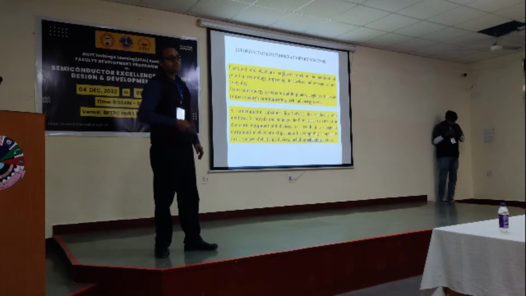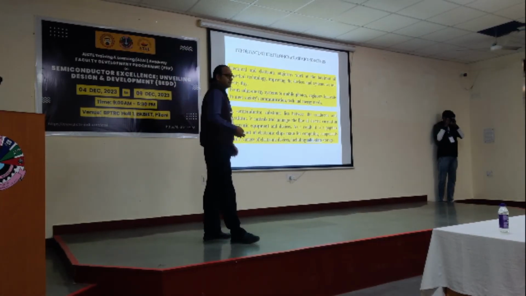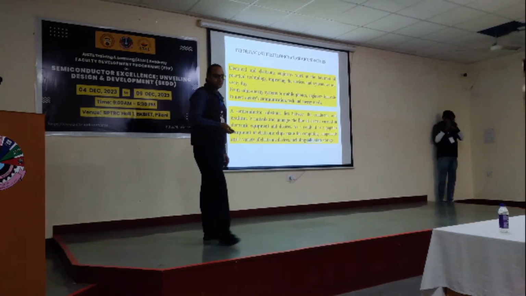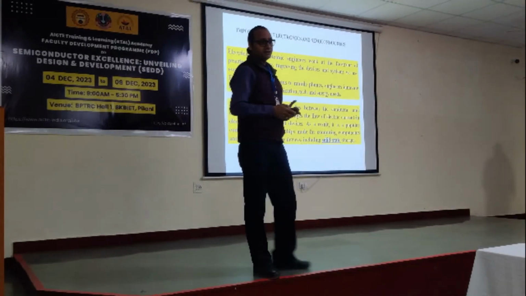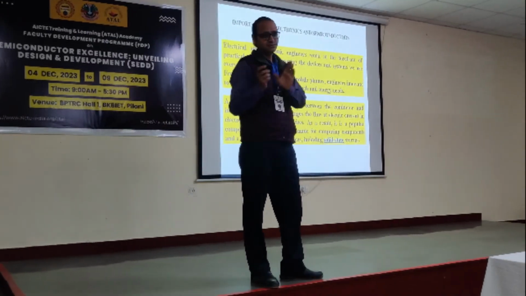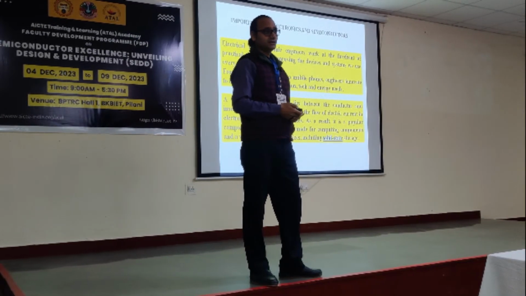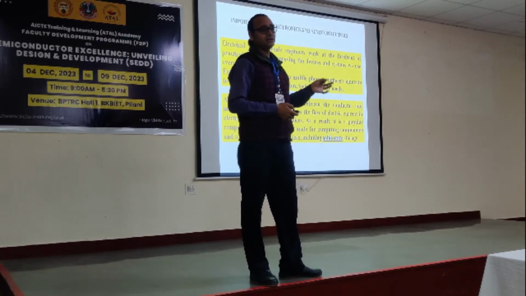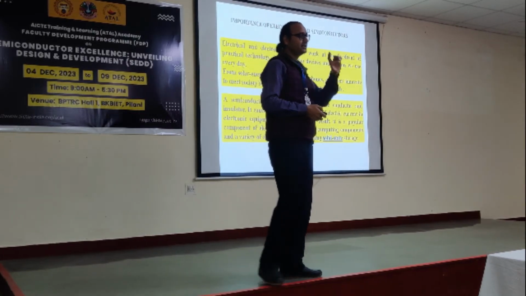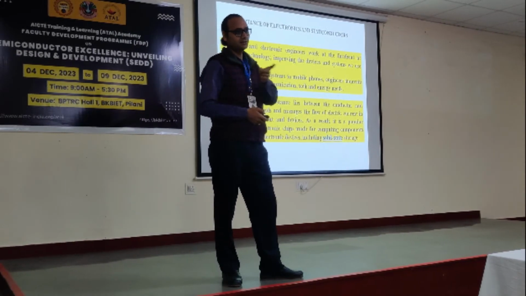Also, one point I would like to add as per the topic, again, semiconductor. We are well aware that we have three classes of materials: insulators, conductors, and the third one is semiconductor. The very important property of a semiconductor is that we can change its conductivity. We cannot do this with metals or insulators.